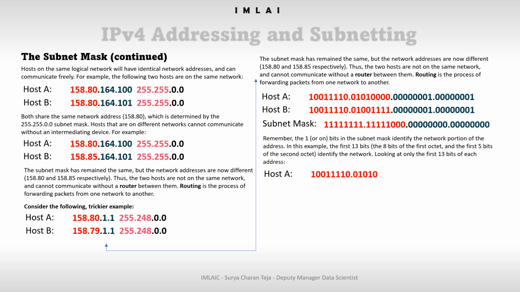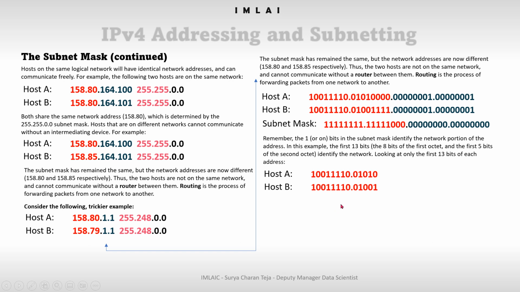Here you can see host A's network ID and host B's network ID. They are not at all the same. I have added a clear-cut explanation here with the binary digits. If you want to understand exactly how IP works, you have to look into the binary, and then you will understand what's happening behind the scenes. Here are 158.80 and 158.79. In binary they are completely different.